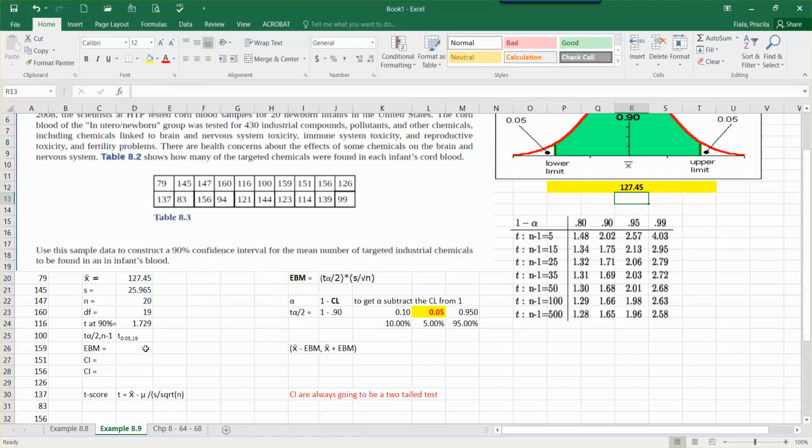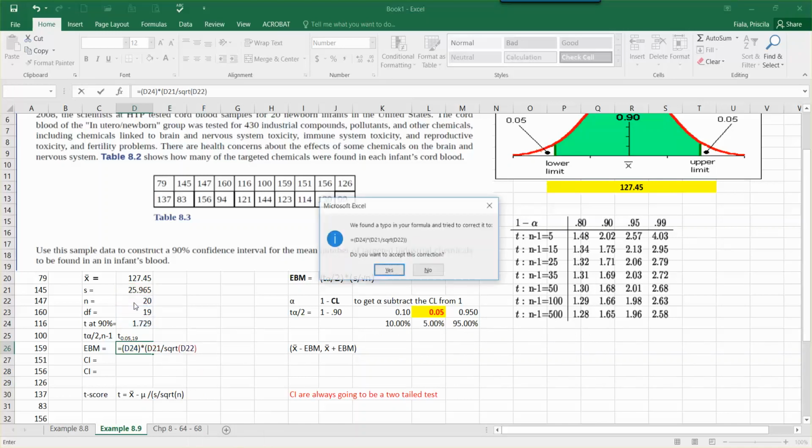We already know the mean is equal to this value. Okay. So let's go ahead and calculate your error bound margin, which is going to be equal to, and then you're going to have this value, correct? Because this is my t alpha divided by 2, equivalent to 1.729, times, let me close parentheses, my standard deviation over here divided by the square root of my sample size, the full sample size.